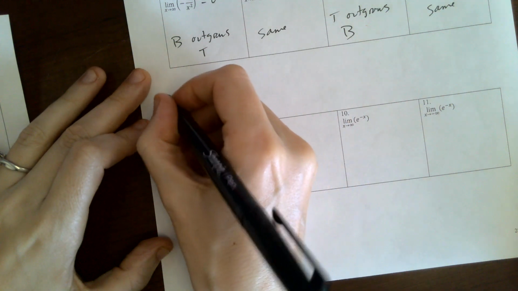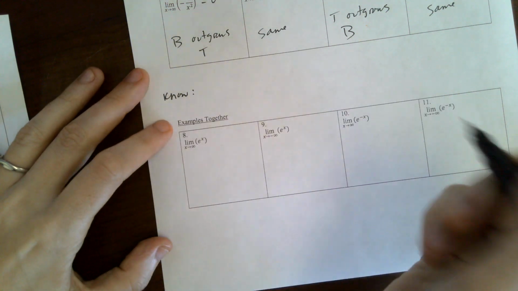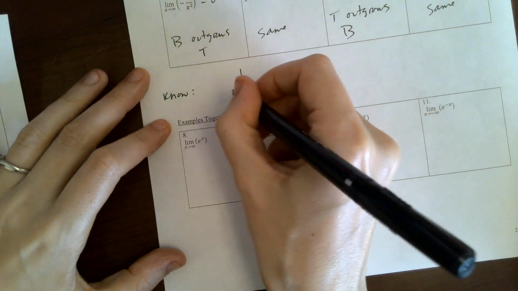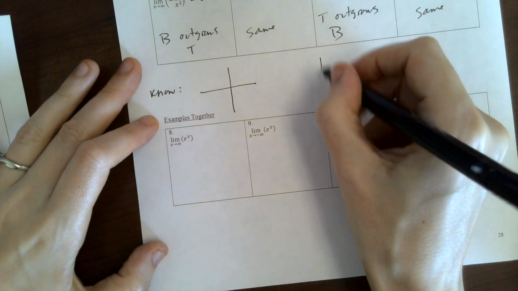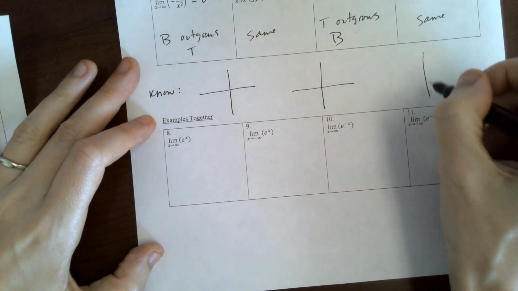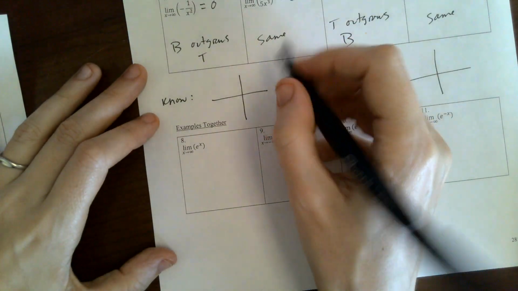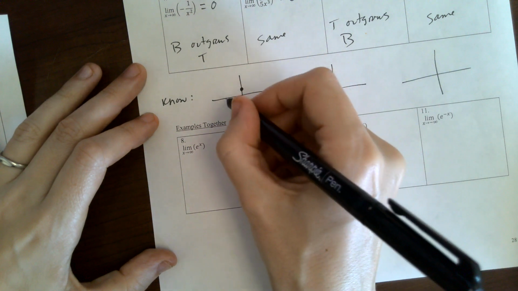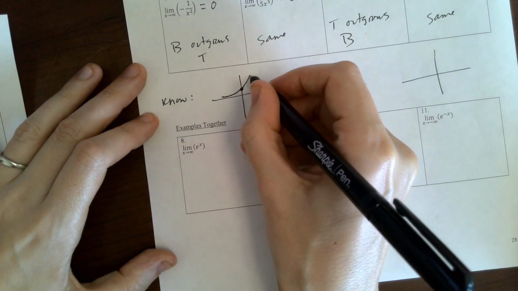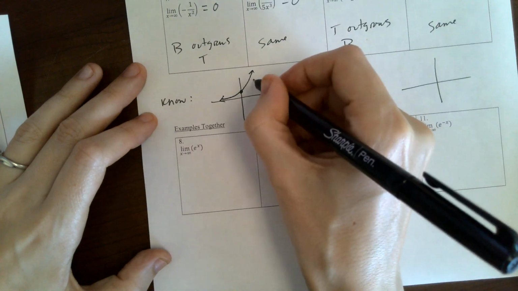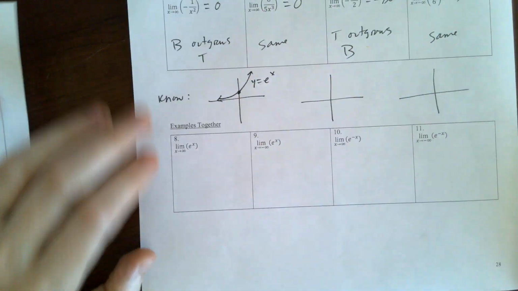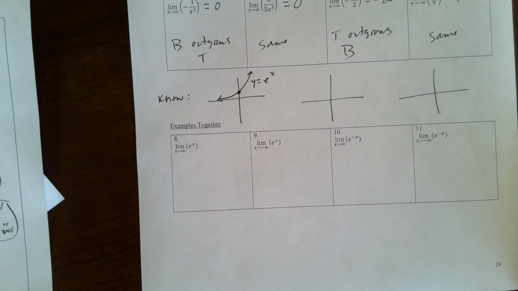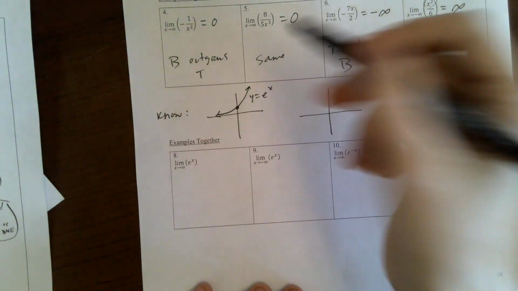All right, so we need to know these 3 graphs. Okay, so this one goes through 1 on the y-axis, and it looks like this. This is y equals e to the x. It's an exponential function. It grows exponentially.